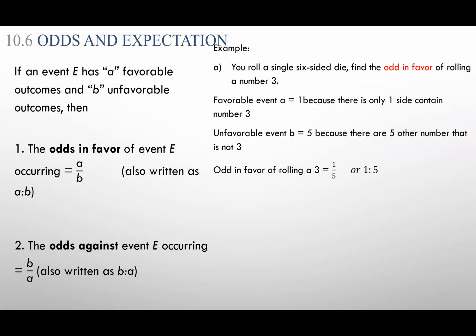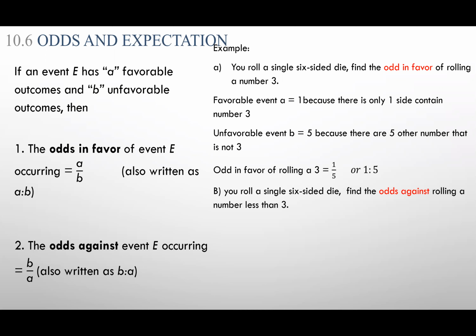That's all there is to odds: how many items we have over the items that we don't have. In the other direction, it's just the reciprocal of the odds in favor.